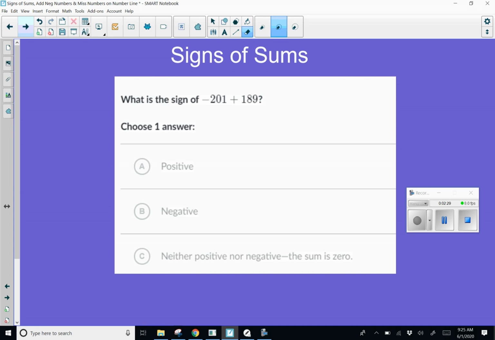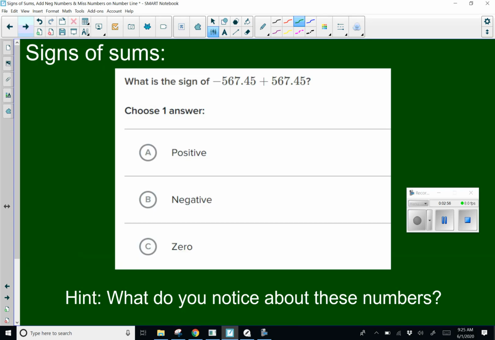If I were to put 201 negatives on one side of my balance scale and then 189 positives on the other, which one's going to weigh more? Well, I have more negatives, which means that's going to weigh more. So if I were to add these two together, I would end up having more negatives than positives, making my final answer a negative.